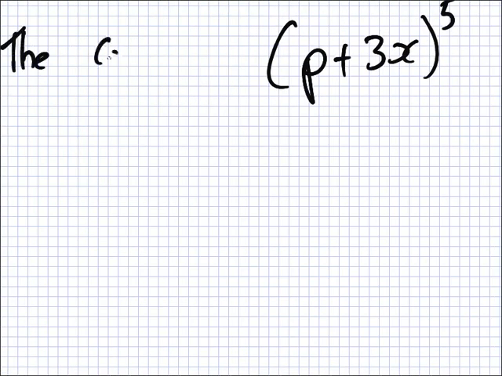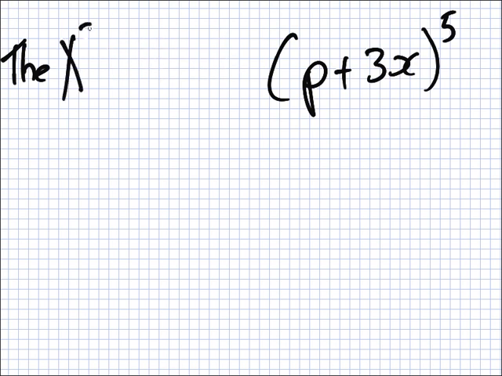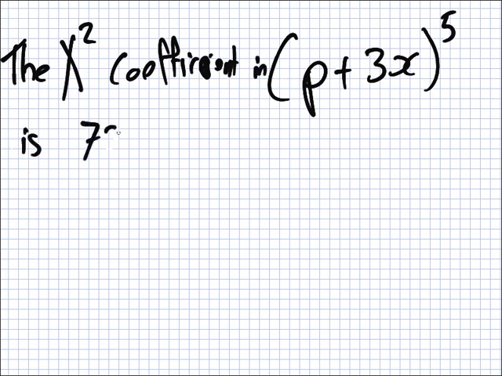The x squared coefficient in this is 720. Find p. So I tell you what the coefficient is supposed to be for x squared. It's supposed to be 720. So you tell me what the p should be.